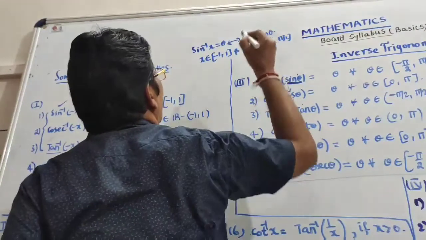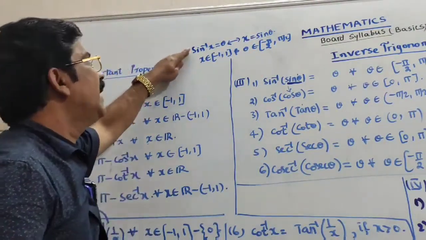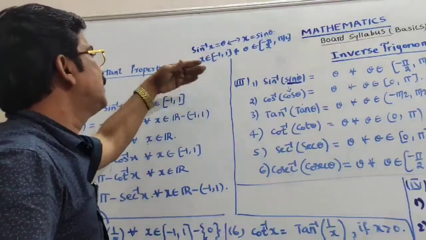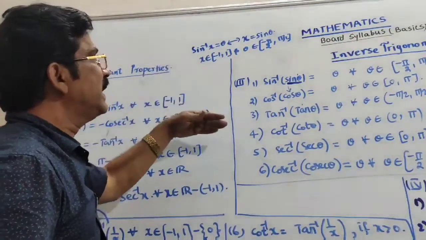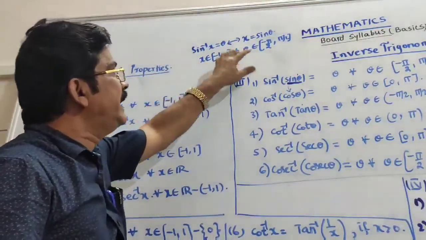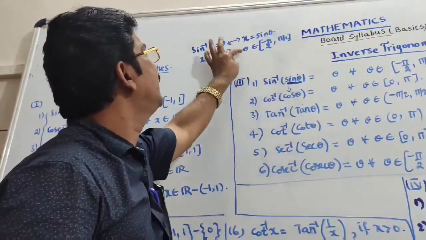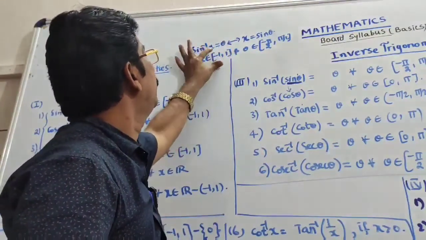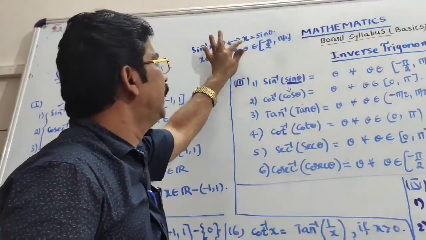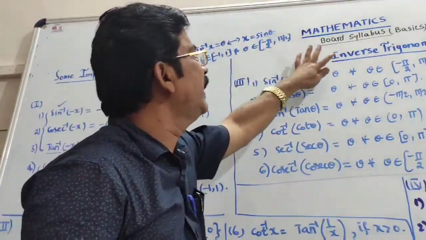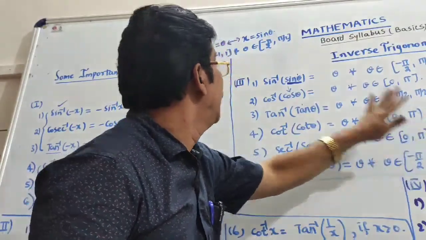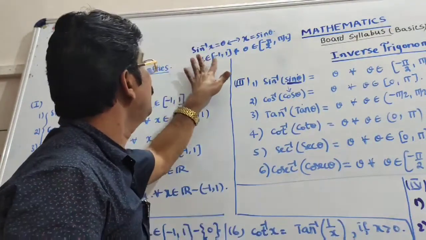I said the same similarly in cos inverse, tan inverse, cot inverse, secant inverse, cosecant inverse. So in Roman number 3 we have to write the limitations of theta. Therefore, memorize both the x value and the theta value. Here we need the theta value, that's why theta means ranges. Here we need the x value, means domains.